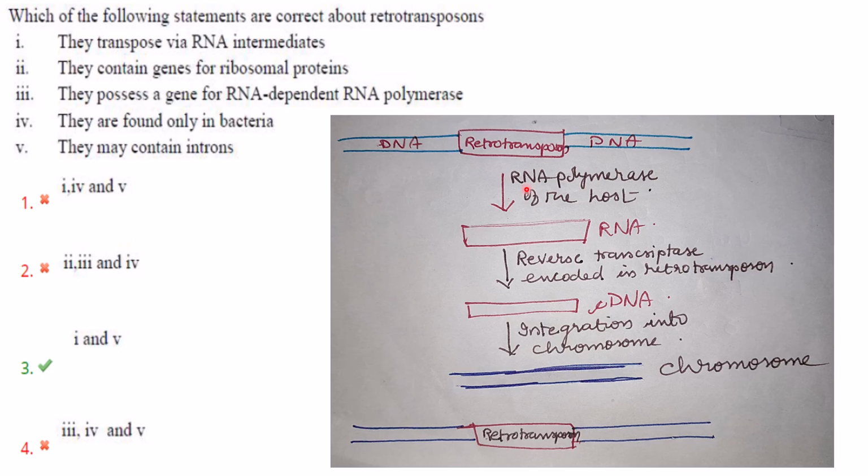Here it is using the RNA polymerase of the host, not its own RNA polymerase, so it doesn't have that gene. They are found only in bacteria. No, they are found in archaea and eukaryotes also. They may contain introns. Yes, that is also correct. During their evolution, they must have had introns.